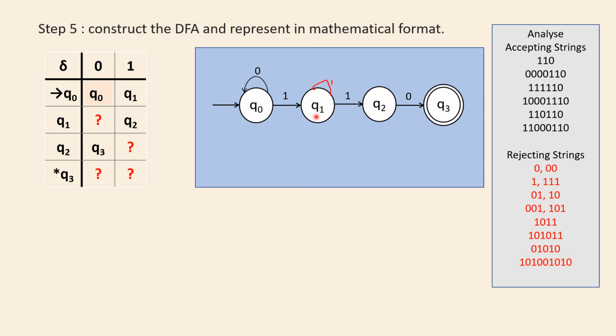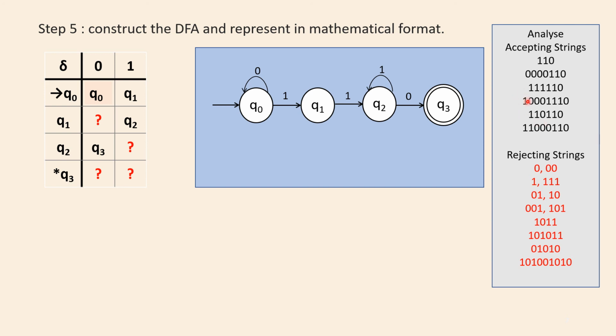This state is in a confusion state whether it has to loop that one or whether it has to give it to Q2. So I cannot loop 1 in Q1. Instead, I will loop 1 in Q2. Therefore, there is no confusion state here. So 1, 1 and n number of ones and 0 is reaching the final state.